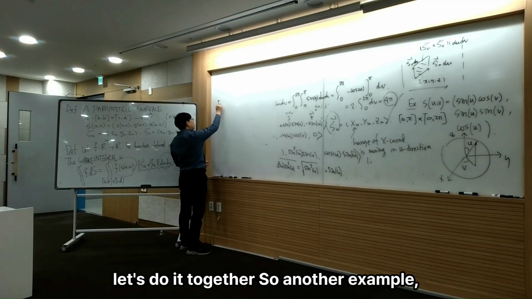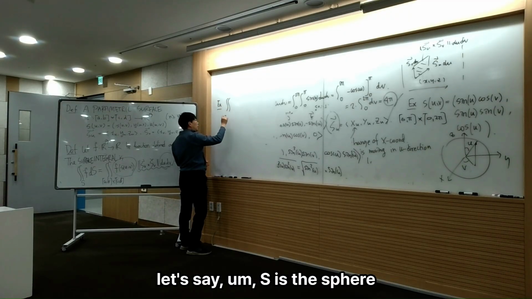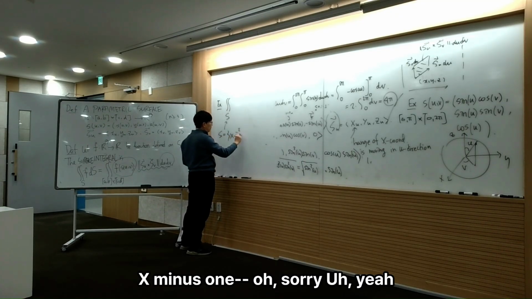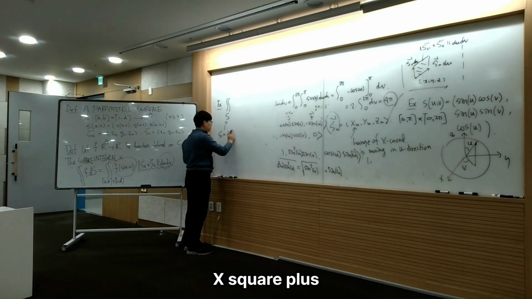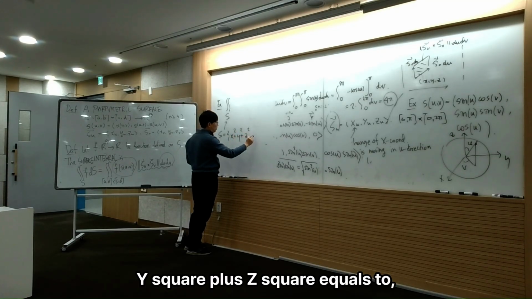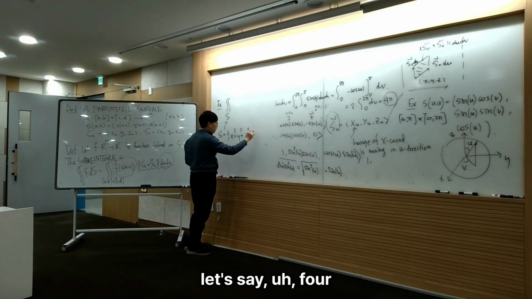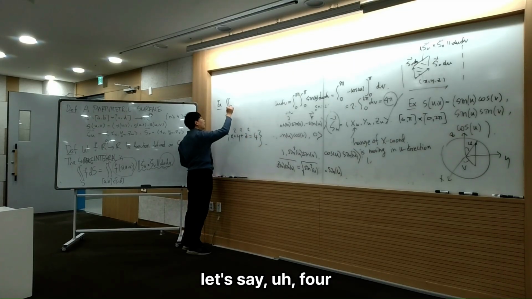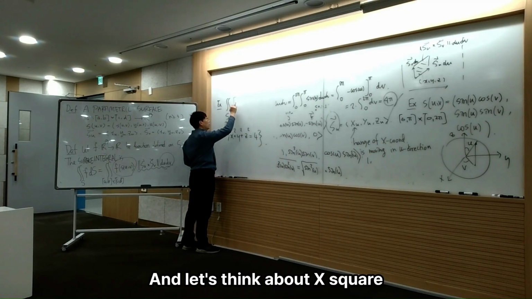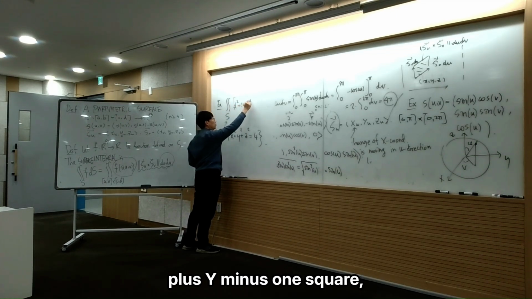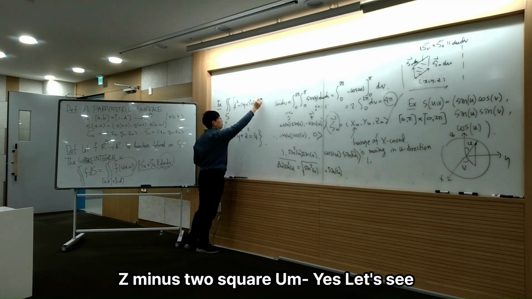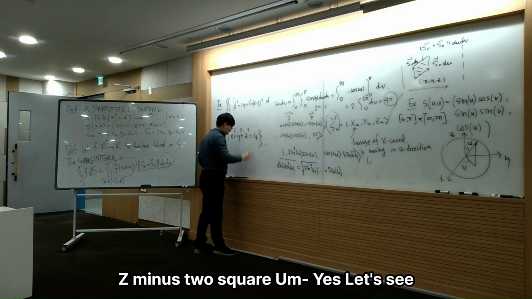So another example, let's say S is the sphere x square plus y square plus z square equals, let's say, 4. And let's think about the integral of x squared plus y minus 1 squared plus z minus 2 squared, ds.